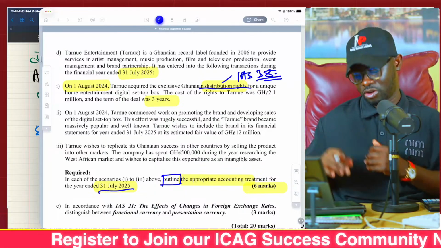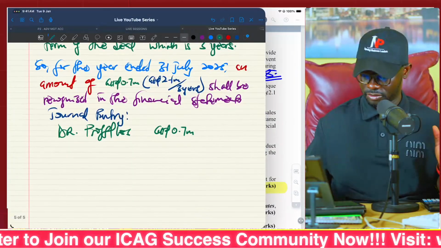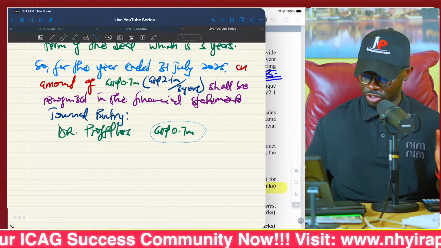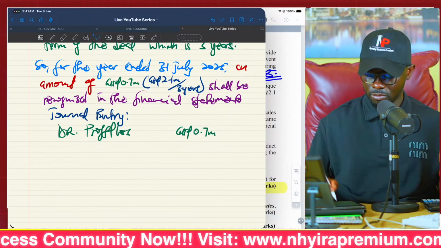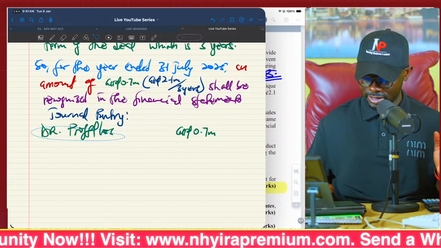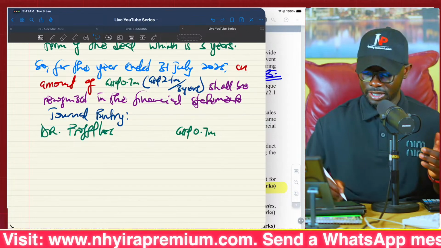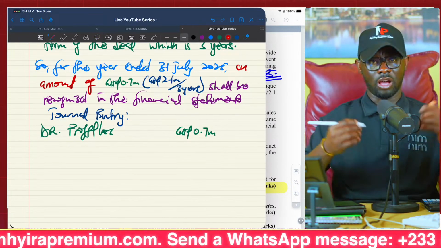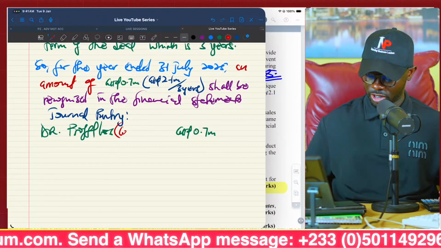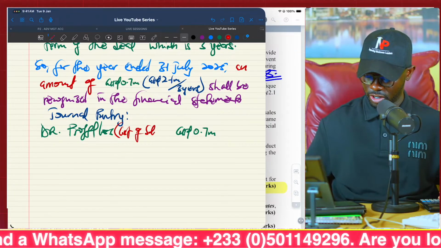So it will be in cost of sales for the most part, because it's an entertainment company and the right forms part of their core activities. So it'll be cost of sales usually.